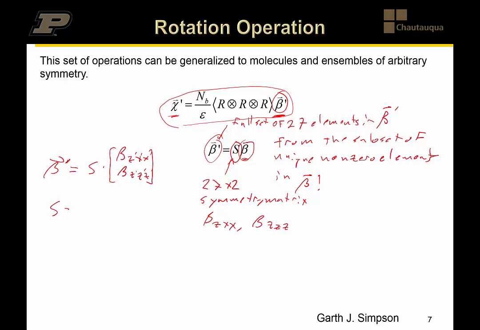That will correspond to S18,0 equal to 1. So that will populate the zxx position in the full set of 27 with the 0 entry in this reduced set of unique non-zero elements. And then S26,1 is also equal to 1, and all other entries are 0. So it's a sparse matrix with 2 non-zero entries.